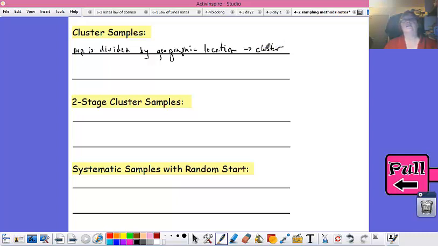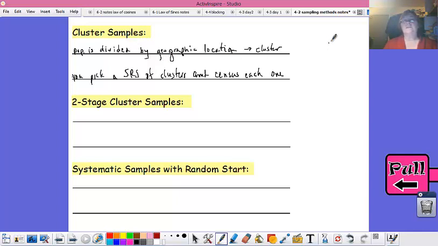Then you pick a simple random sample of the clusters and you census inside each of those that has been selected. So maybe they pick 20 counties in Michigan, but in those 20 counties they'd census, they'd talk to each taxpayer inside. Okay, that's a cluster sample, and the key is divided by geographic location.